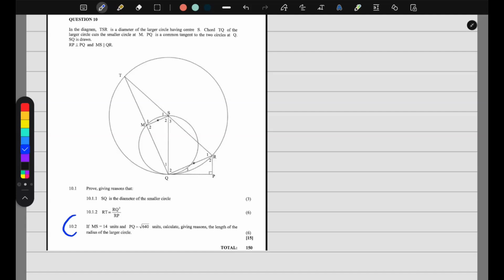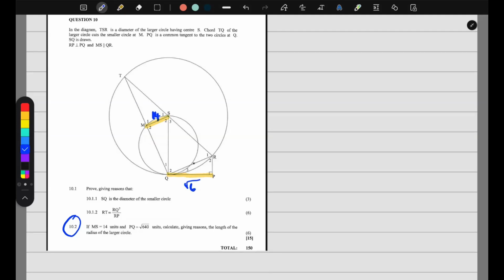Okay, the last question, 10.2, says if MS is 14 units. So if MS, that over there, is 14 units, and PQ is the square root of 640. So PQ, let's write this in.